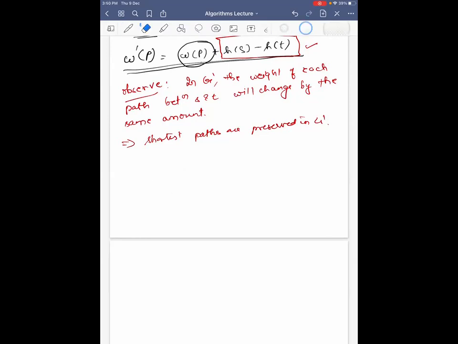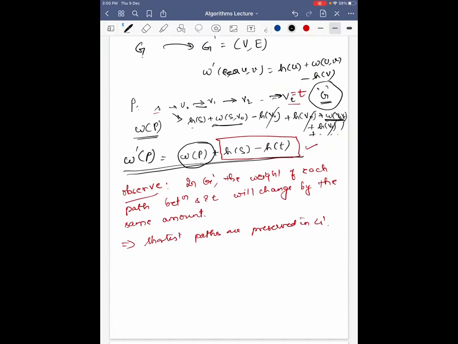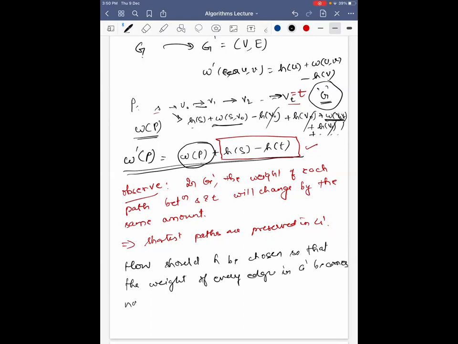Now this problem reduces to how should you choose your function h so that the edge weights become non-negative for each edge in G dash? How should h be chosen so that the weight of every edge in G dash becomes non-negative?